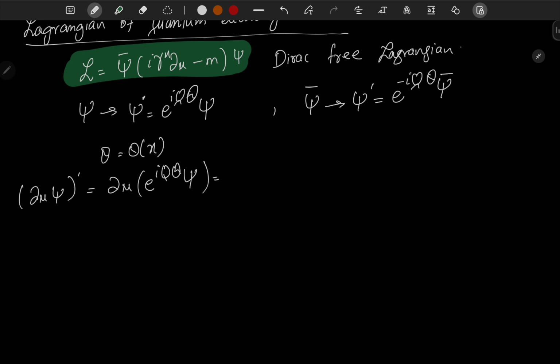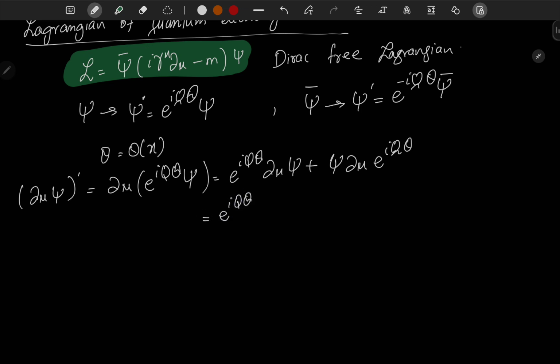We do the calculation using the chain rule: e to the iota q theta d mu of psi, plus psi d mu of e to the iota q theta, and theta depends on position.